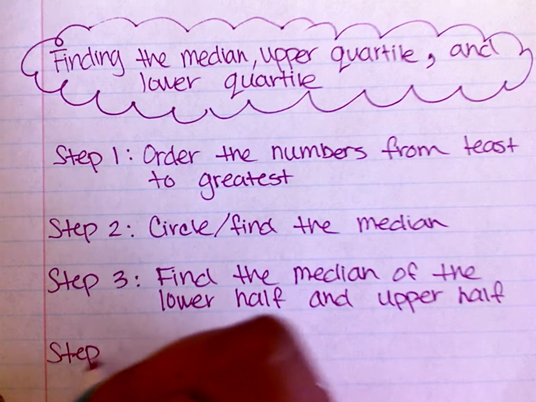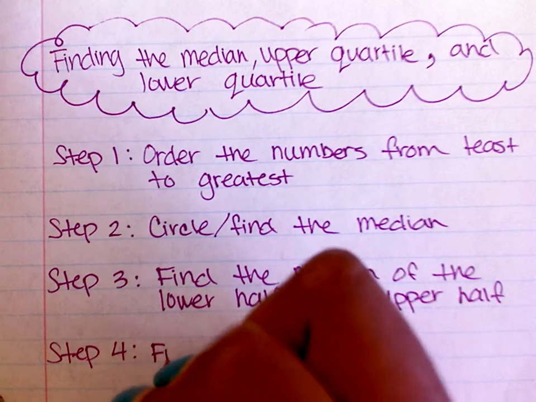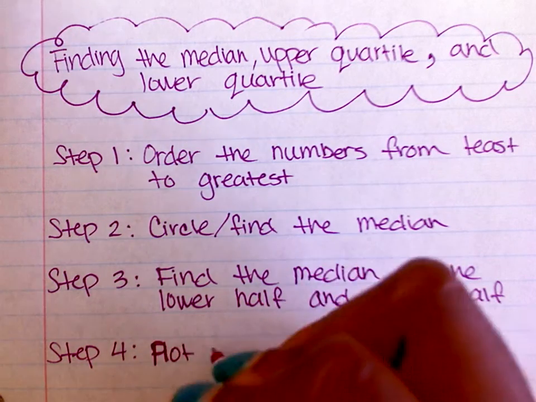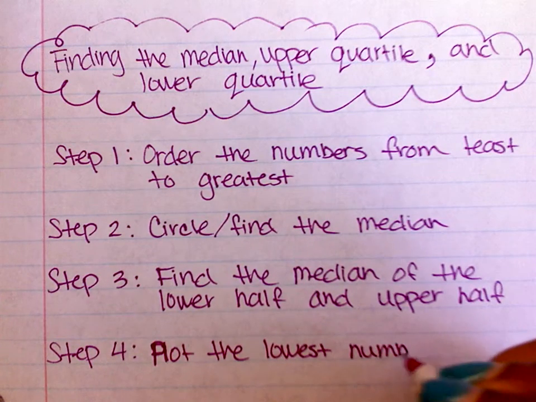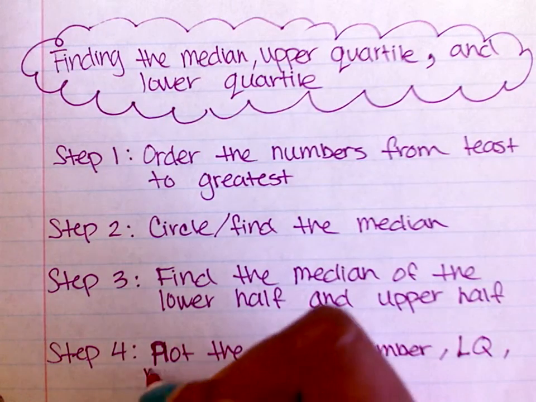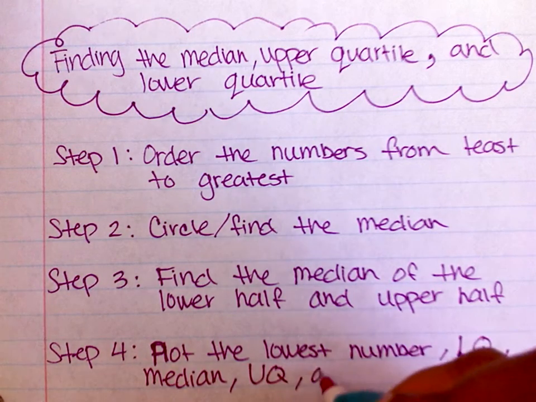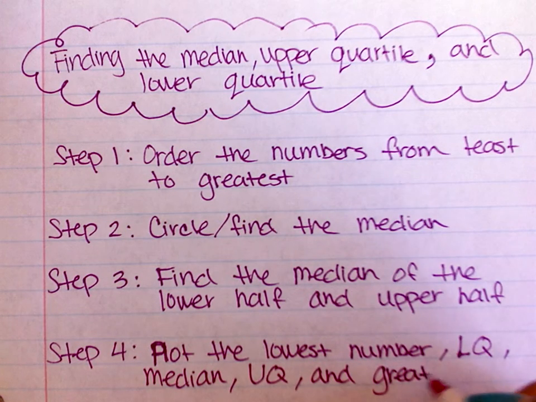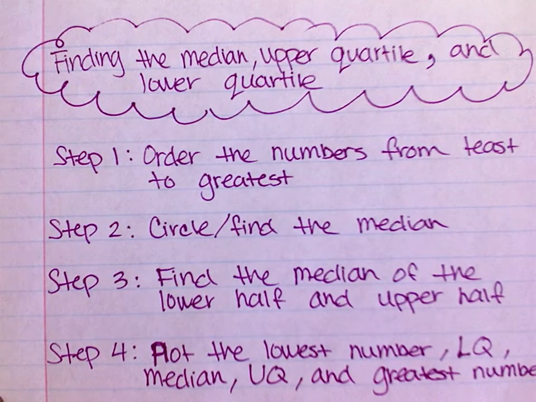And then finally, I'll say plot the lowest number, we'll say LQ for lower quartile, median, UQ for upper quartile, and greatest number. So you have 5 things to plot: the lowest number, the lower quartile, the median, the upper quartile, and the highest number.